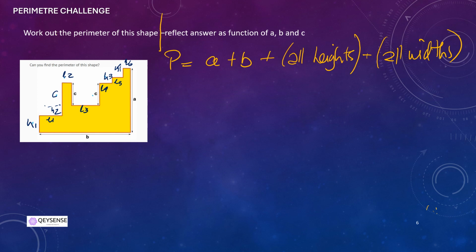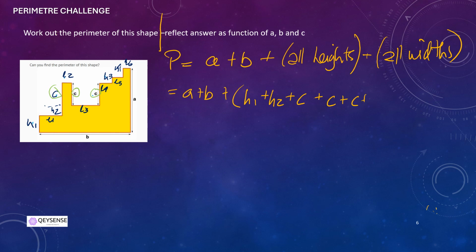So if we add these up now, you've got A plus B, and then we've got all the heights. So let's add all the heights. It's H1 plus H2 plus C plus C again plus C again. So you've got, I'll just do it in green, the C here, you go up this height, and then you come down this height, and you go up this height again.